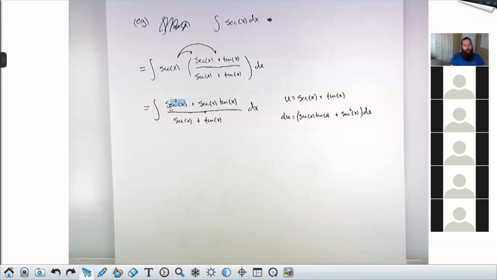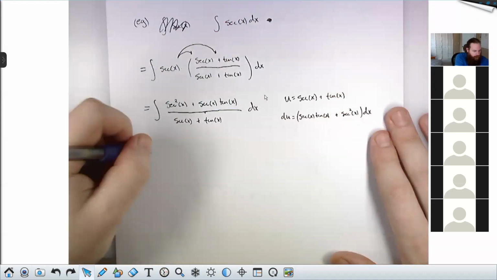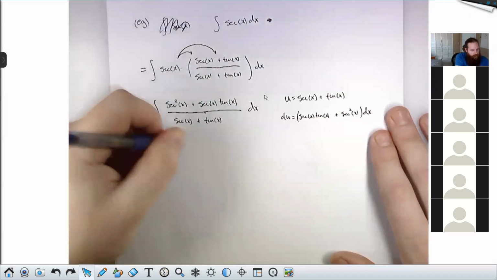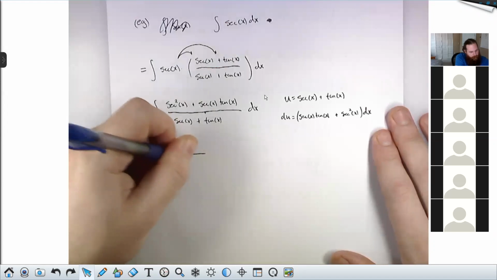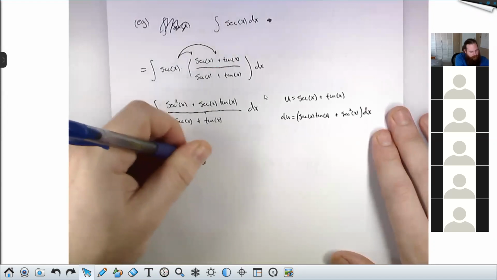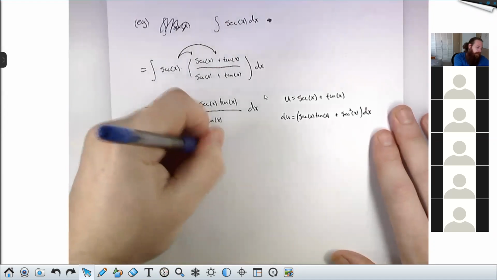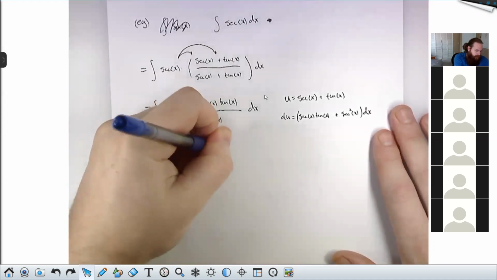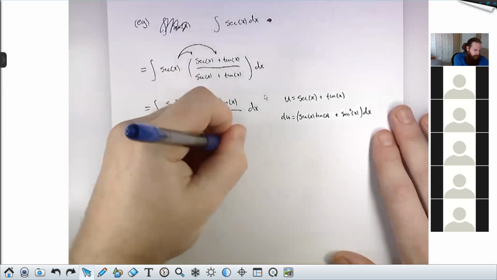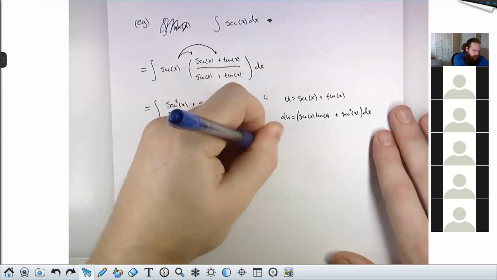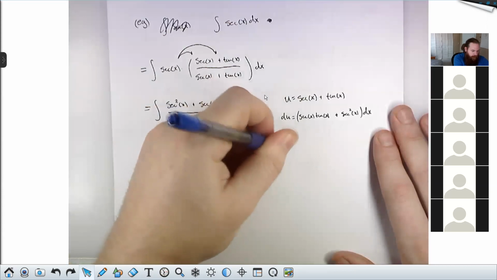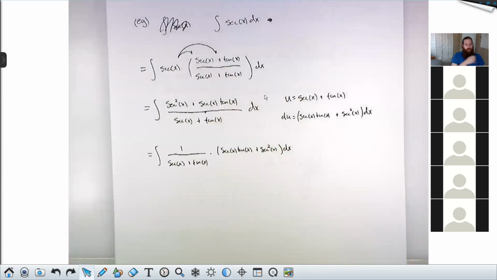I mean, it's written in the other order, but that doesn't matter. It's addition. You can do it in whatever order you want. So I recognize this as 1 over secant x plus tangent x times secant x tangent x plus secant squared x dx.